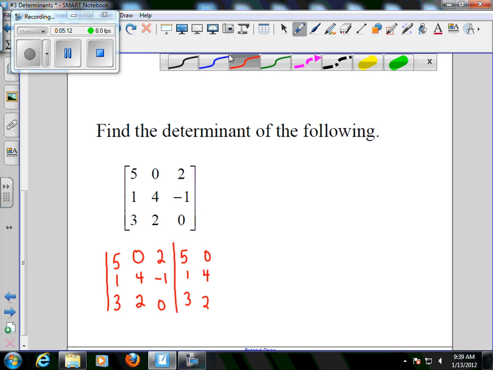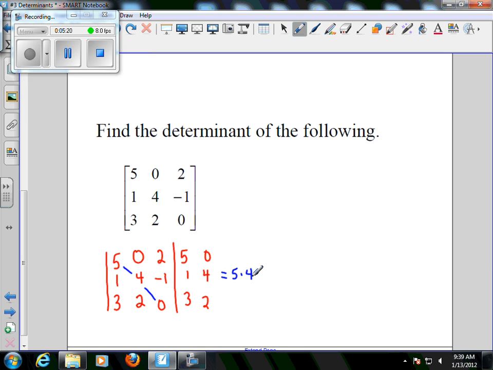And now we want to multiply diagonally. So we've got 5 times 4 times 0. Then you're going to add the next diagonal going to the right, 0 times -1 times 3. Keep going diagonally to the right, 2 times 1 times 2. Add that.